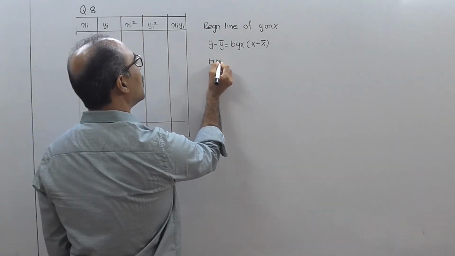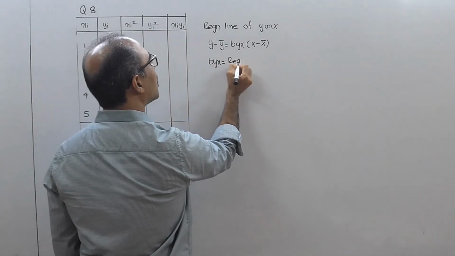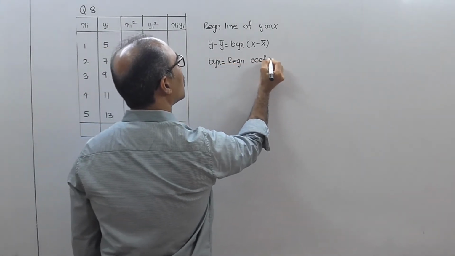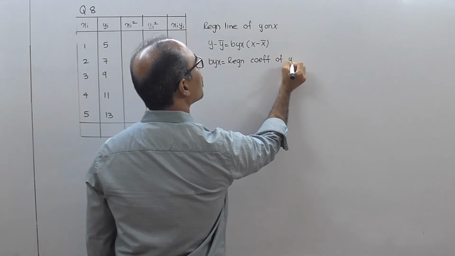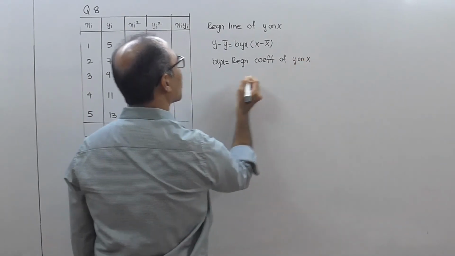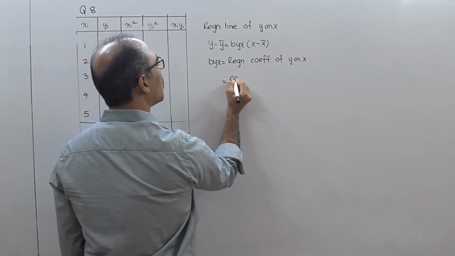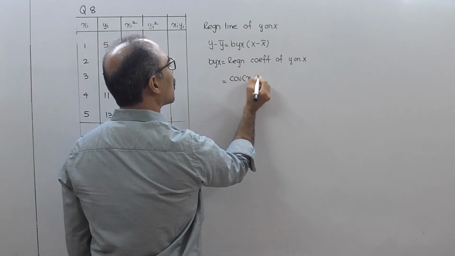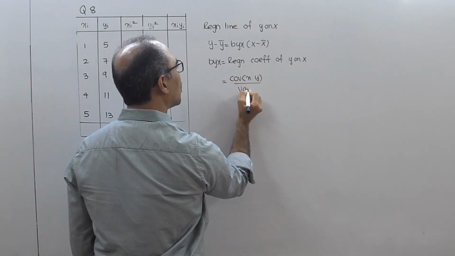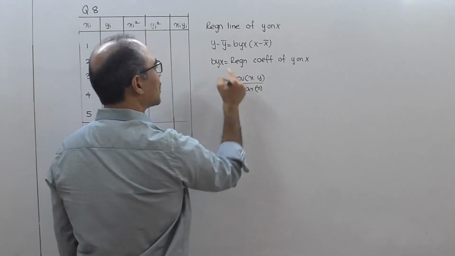Then byx is nothing but the regression coefficient of y on x. So the formula will be covariance of xy upon variance of x. The last alphabet is x.